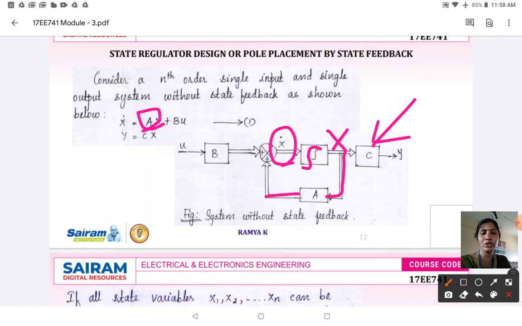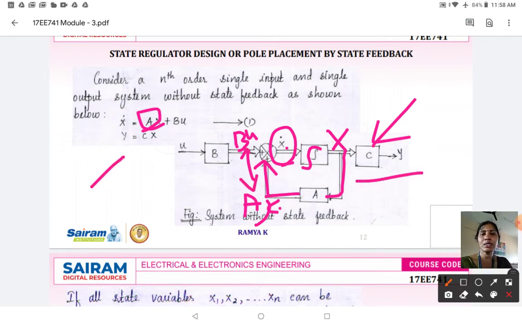If I connect this Ax to the summing point where we have Bu, then x dot is equal to Ax plus Bu, the summation of these two parameters, and y is equal to Cx. This system is for an nth order single input single output system without state feedback.